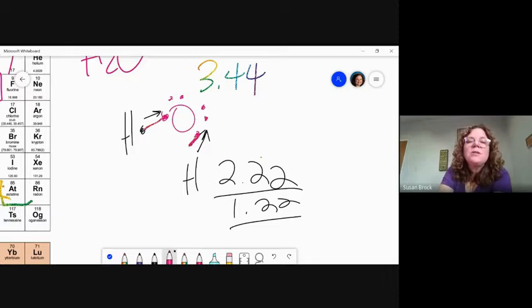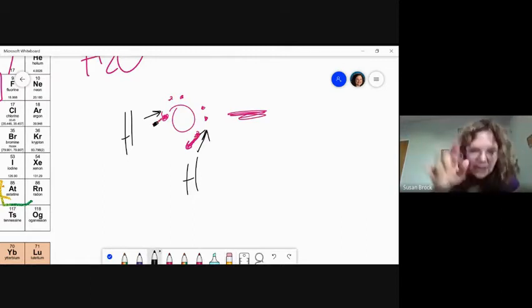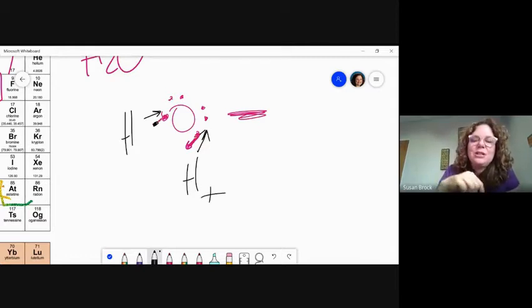And because it pulls the electrons so much closer to it, and electrons are negatively charged, this molecule is more negatively charged up here by the oxygen because it's got more of the electrons circling around it than the hydrogen. So the hydrogens are kind of positively charged on their end.